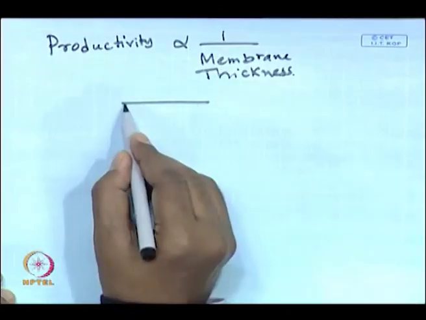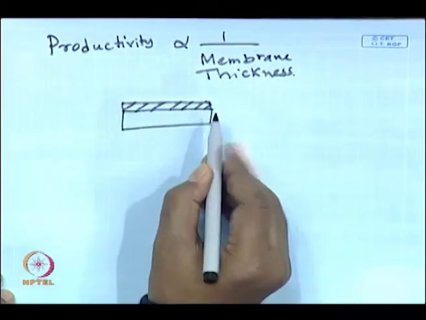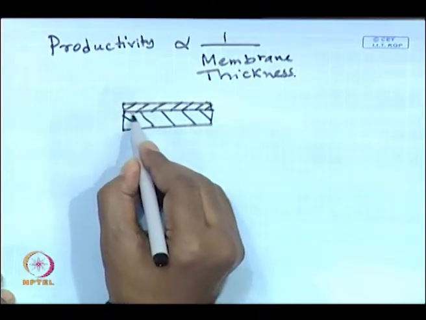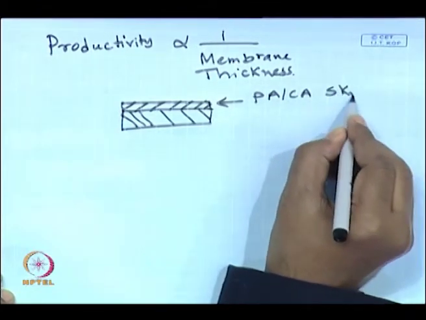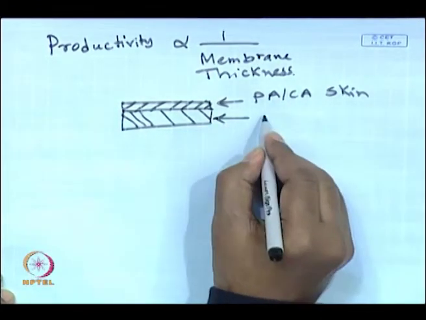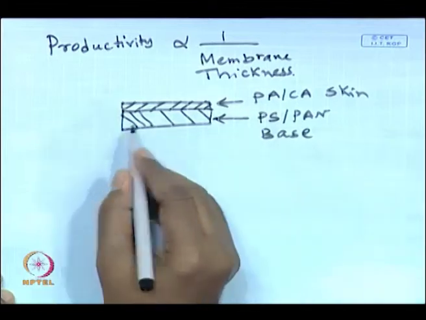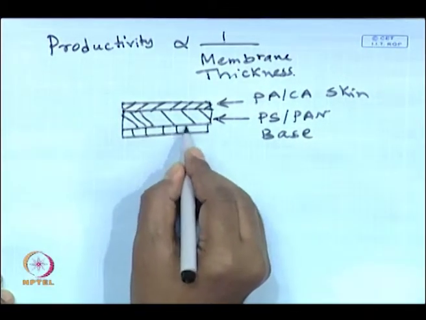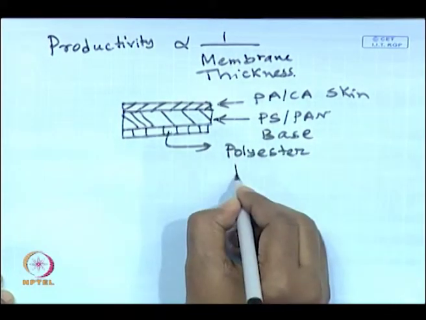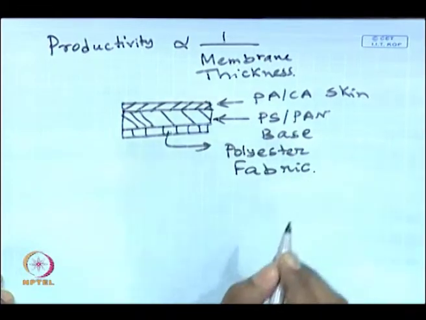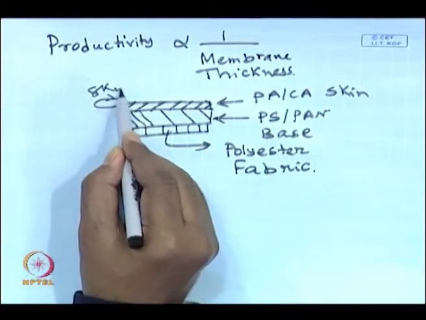So, there will be a skin, let us say polyamide or cellulose acetate skin, and below it, let us say polysulfone or polyacrylonitrile base, and below that you have the polyester fabric. Now, the actual membrane is basically this skin.